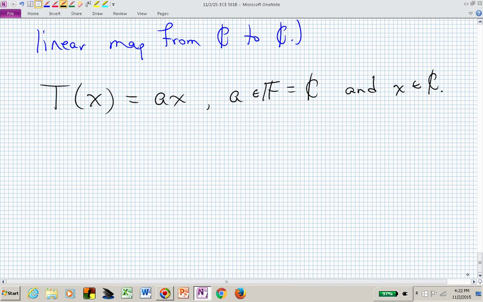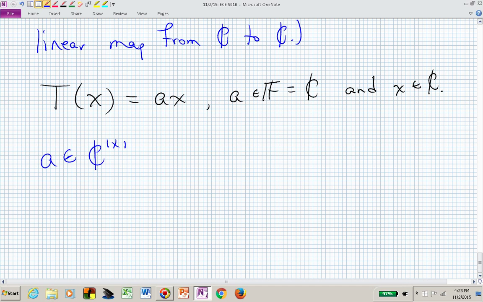We want to generalize this or see how it might generalize, and for that reason, let's think of A not necessarily as a scalar, but as a matrix, where that matrix is now 1 by 1.